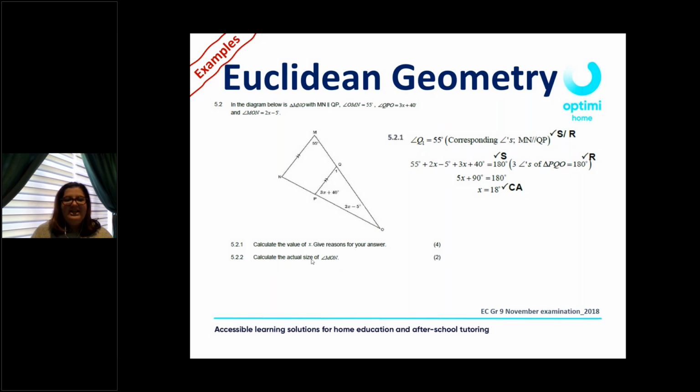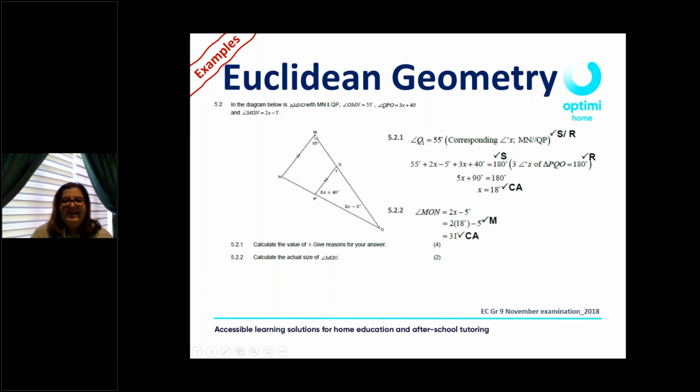Then they ask, now calculate the actual size of this angle, sorry, of angle MON. So they want the actual size of this angle. How can I get that? I do have my x value over there now, and I can just substitute it into this equation.